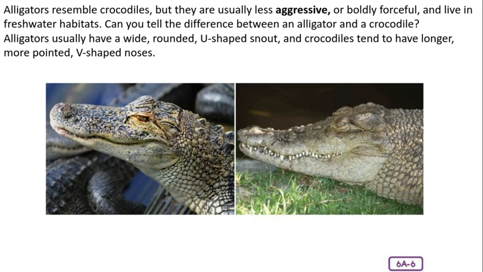So does that tell you which is which? Right? So the one on the left is an alligator and the one on the right is a crocodile. We can see that they do look slightly different. I believe crocodiles are usually bigger too and have their teeth sticking out on the outside.